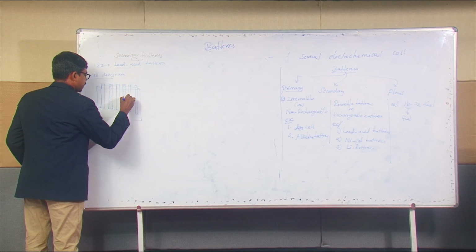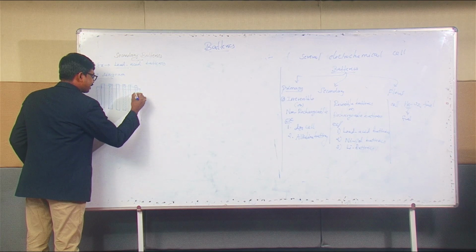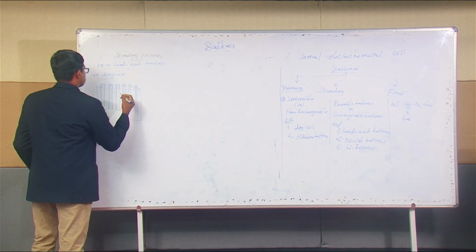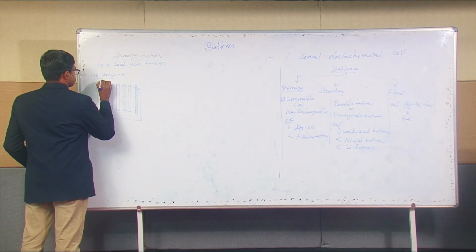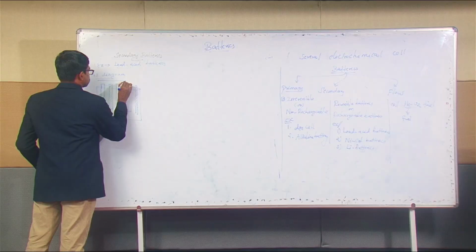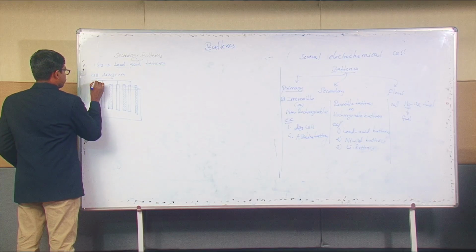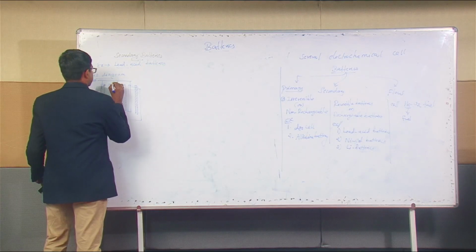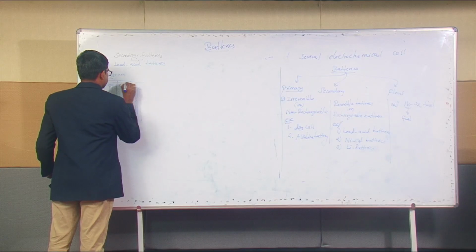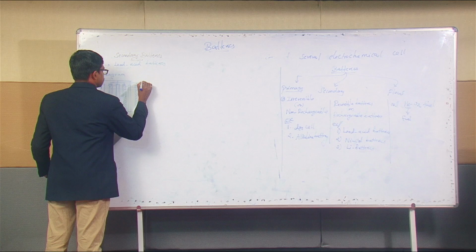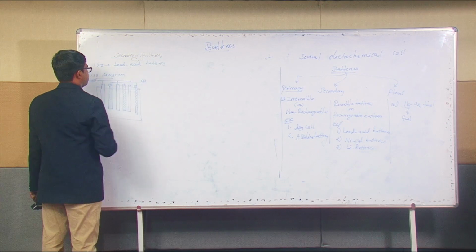So I take three sets of anode and cathode connected in a series manner. This is the anode compartment, which I mark as negative. The cathode connected in series I mark as the positive terminal.